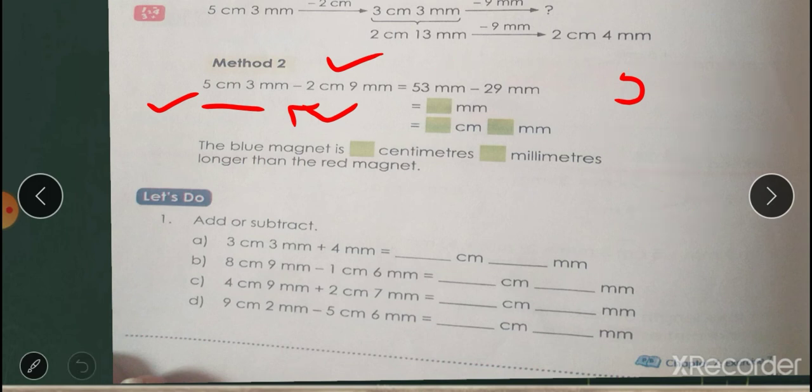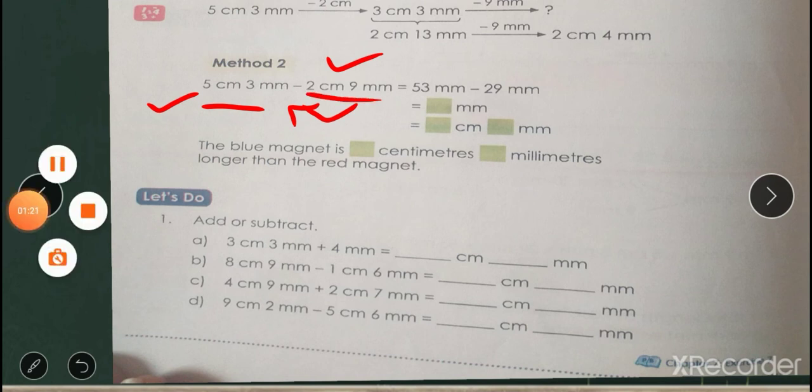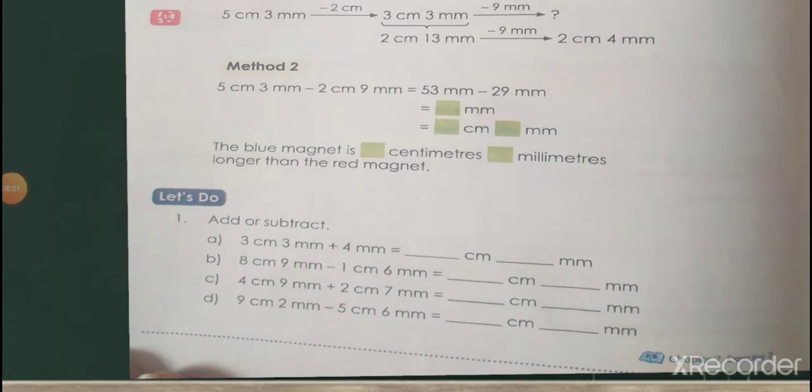Next we have 2 centimeter and 9 millimeters. As we have two methods for subtracting, we are going to follow the second method, in which the two lengths are expressed in millimeters first before they are subtracted.